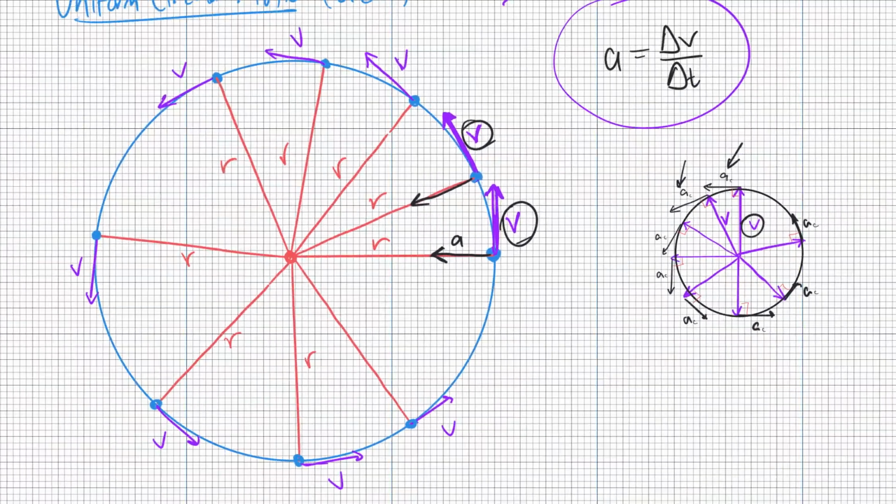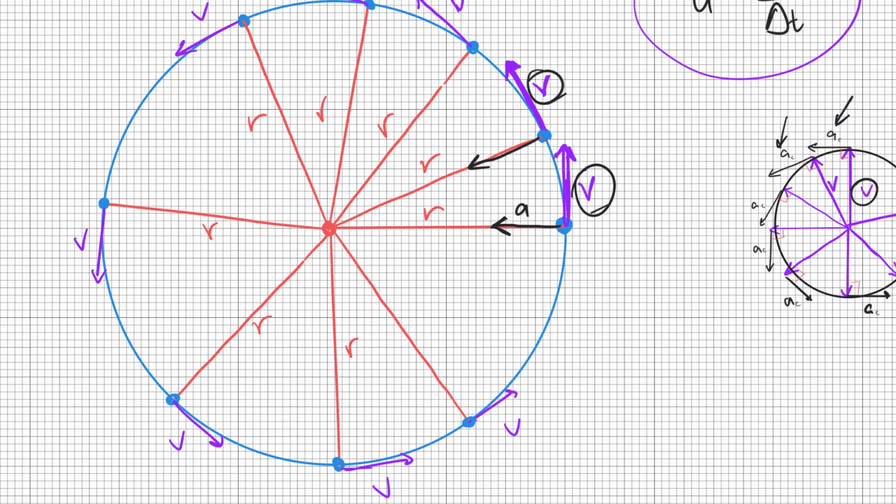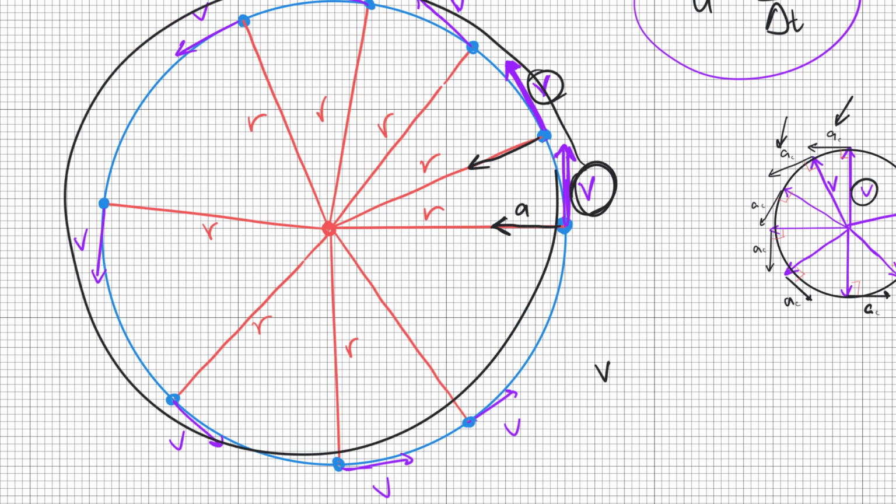In this first circle, I'm moving around the circle at a rate of v. That rate needs to equal the distance around that circle divided by the time. So the distance around that circle is 2 pi r, divided by the time it takes to go around that circle.